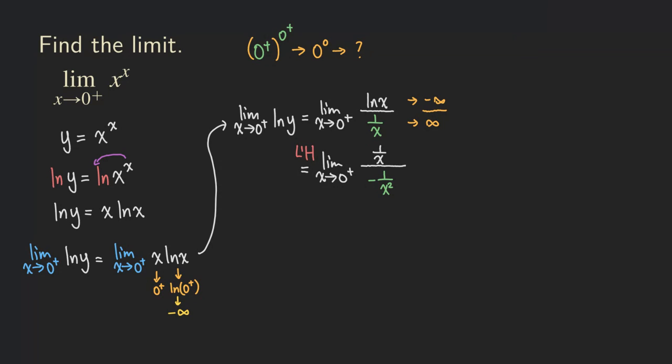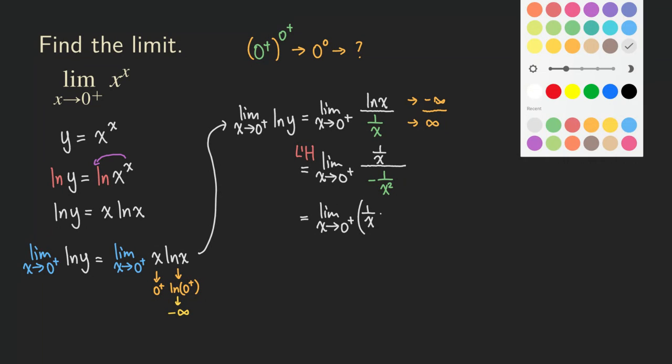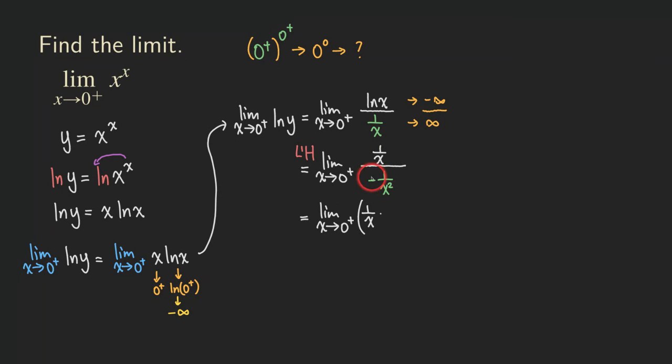That looks like a messy expression, but we can actually simplify it really easily. We can write the numerator out first, which is 1 over x. And then we can turn it into multiplication, right? By multiplying the reciprocal of this negative 1 over x squared, which will actually be negative x squared.